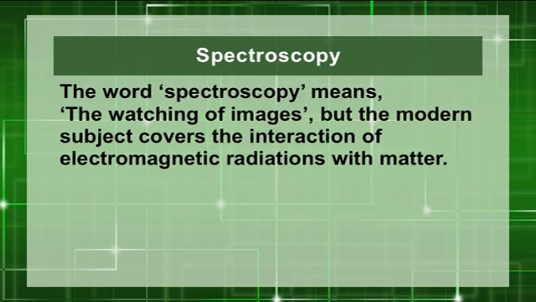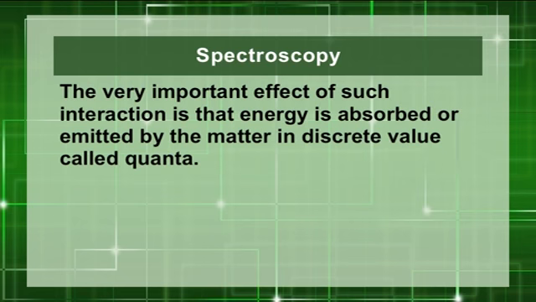The word spectroscopy means the watching of images, but the modern subject covers the interaction of electromagnetic radiations with matter. The very important effect of such interaction is that energy is absorbed or emitted by the matter in discrete values called quanta.